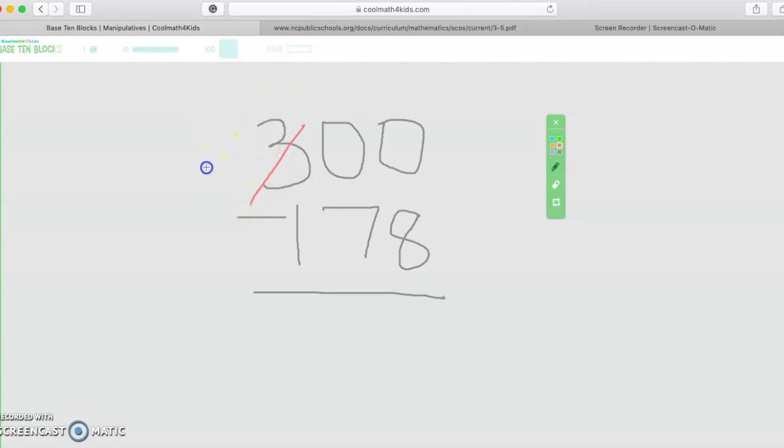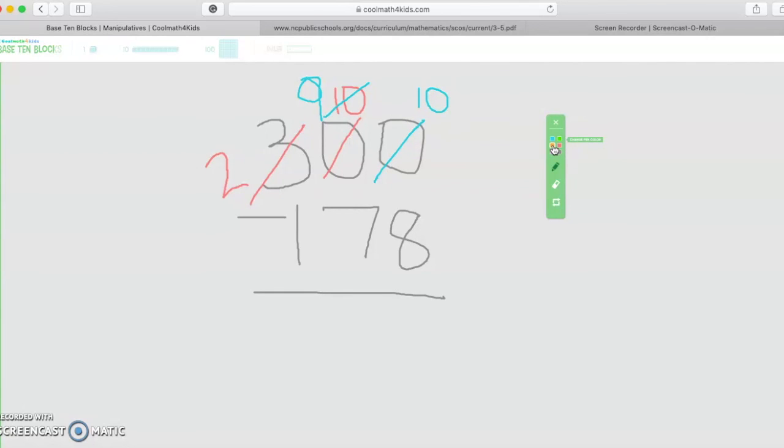So I'm going to make that a 2 and that a 10. But that still didn't fix my problem in my ones place. So I'm going to make this a 9 and this a 10. Now I can easily solve the problem using the standard algorithm.